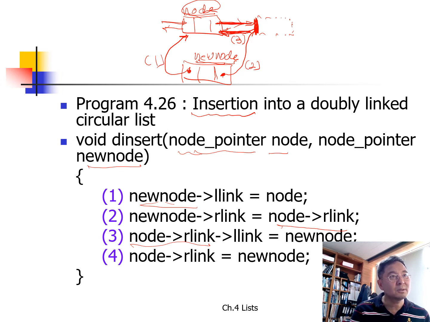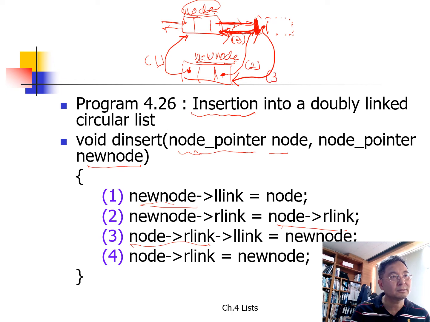And this must be changed to the new node, because the previous of the dotted node becomes the new node now. So instead of pointing to this one, this left link field will point to this one.